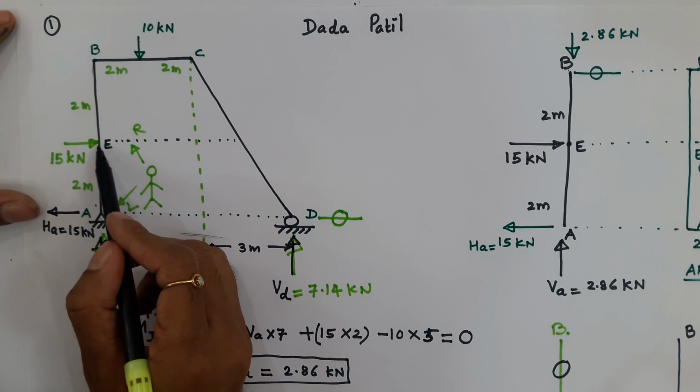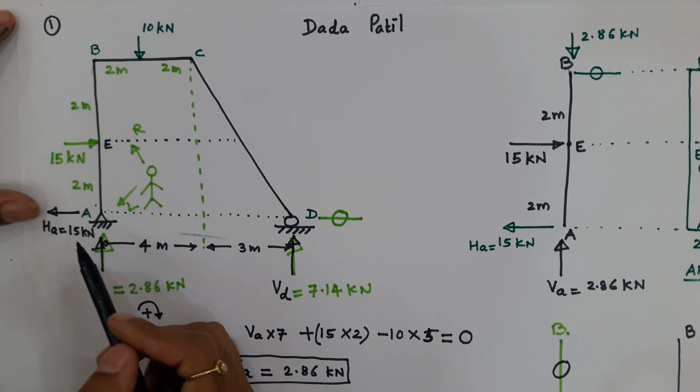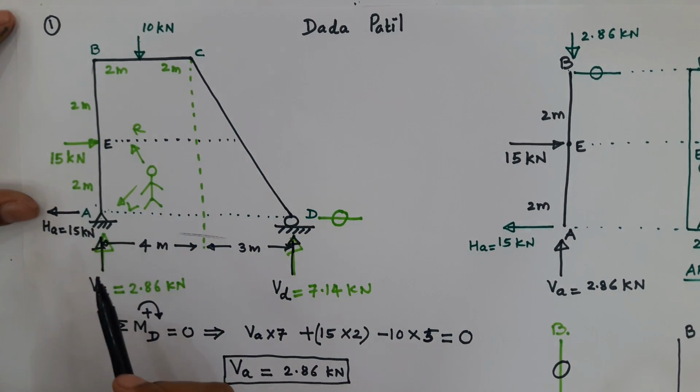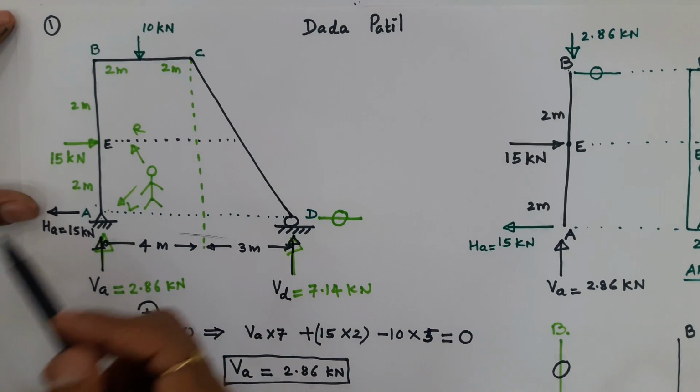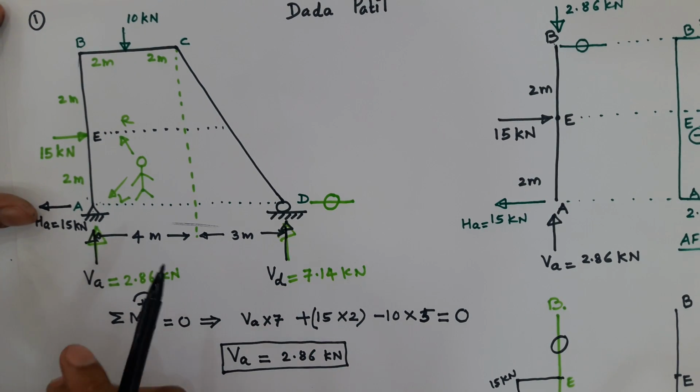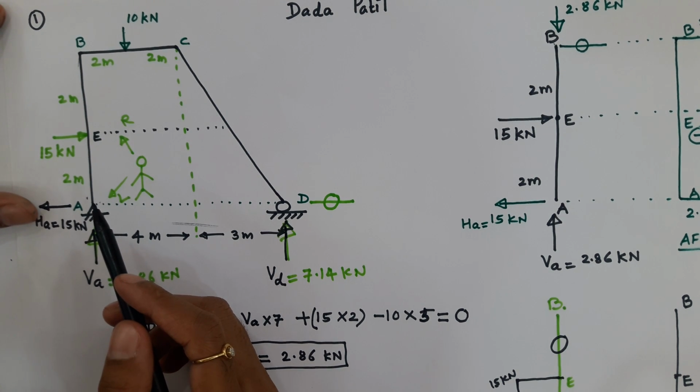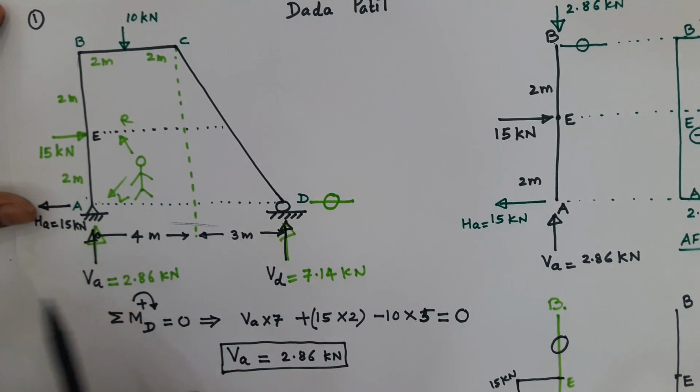So let us go for this simple part, EA, because I have the liberty to consider either EBCD or AE. The definition of bending moment gives me that flexibility and that freedom. But from the convenience, comfort, ease or time saving point of view, EA will be better.